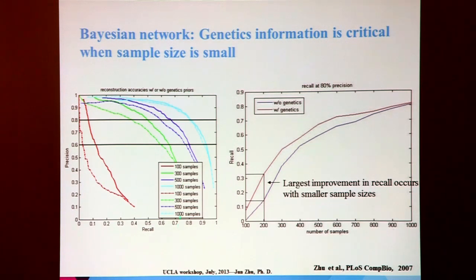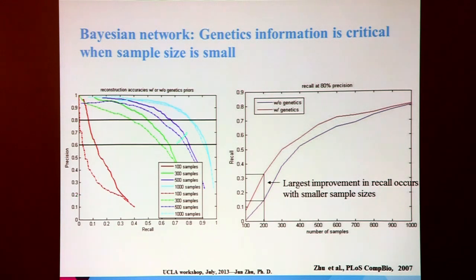Here is the number of samples, and this dashed line is without genetic information, and this one is with the genetic prior added. We can see definitely it improved. At the same recall, you get higher precision, and at the same precision, you get larger recall.